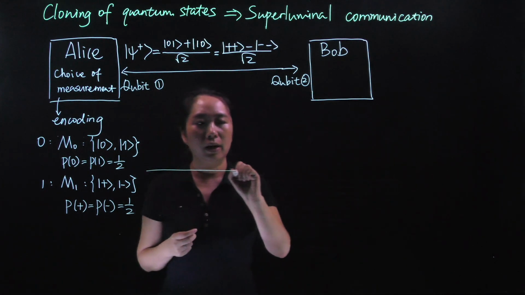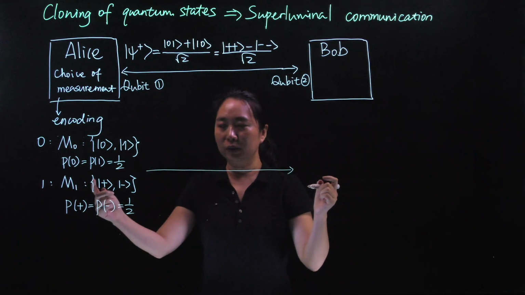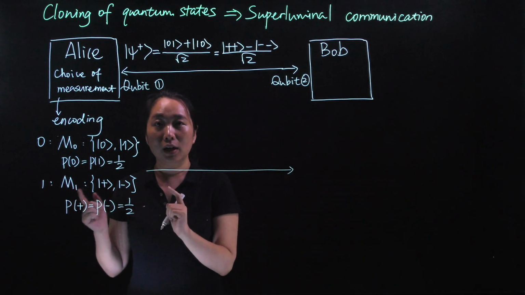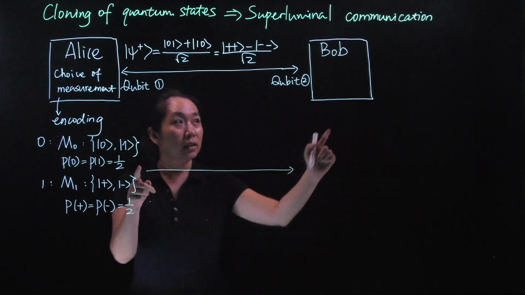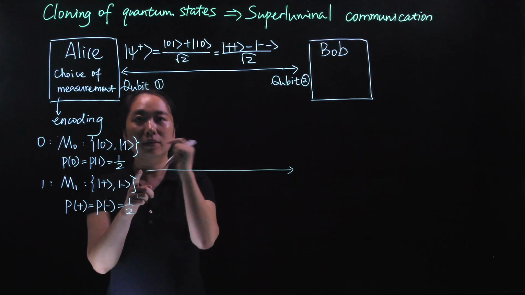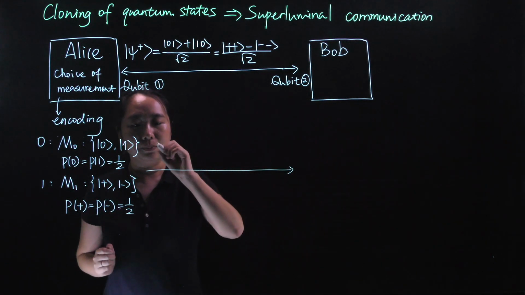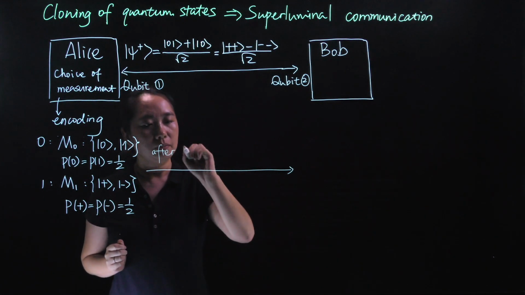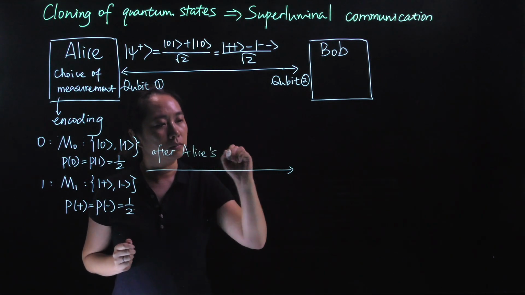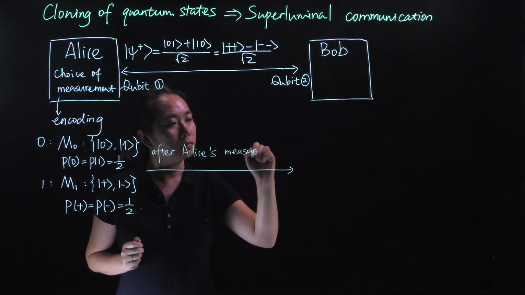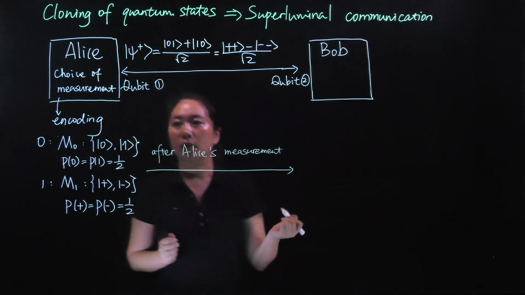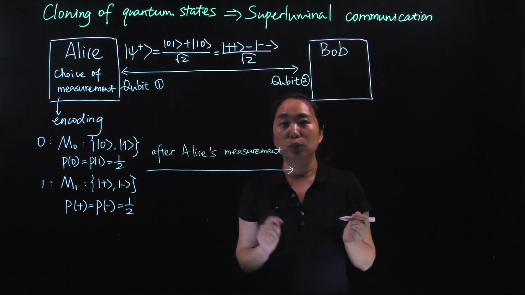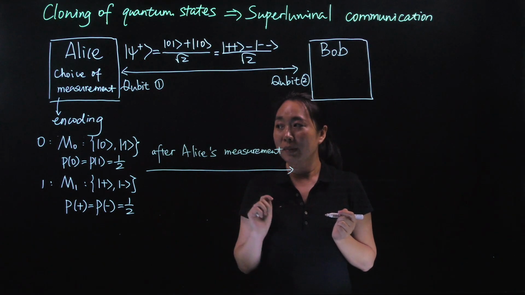So there is a time sequence here. Bob would not do his measurement before Alice measures her state, and he will wait until Alice has measured her state. So this is all after Alice's measurement. We will then again have two scenarios depending on the basis in which Alice measured her state.